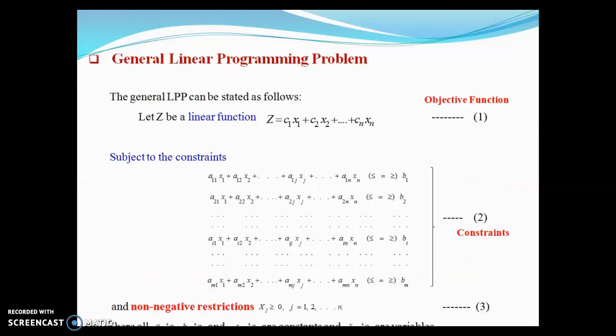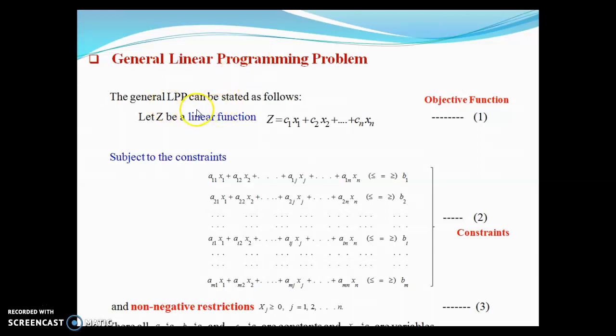Okay. Now, the general linear programming problem. What is the general linear programming problem? Here, the general linear programming problem can be stated as, let Z be the linear function. What is a linear function?